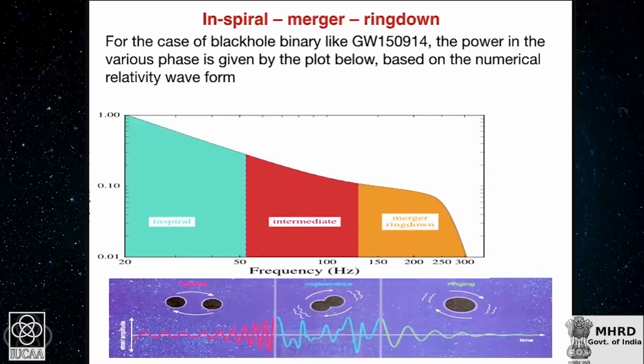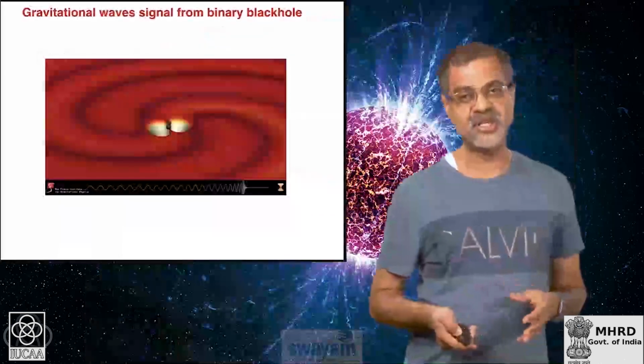On the other hand, the ring down amplitude is very small and often very hard to see or recognize. So, that is what you have in the entire inspiral merger ring down, which can be completely simulated based on numerical simulation.